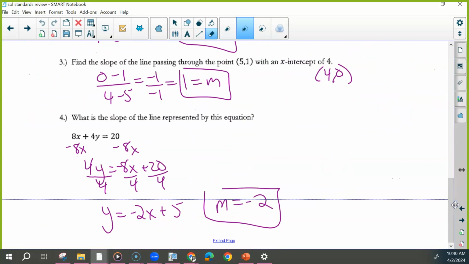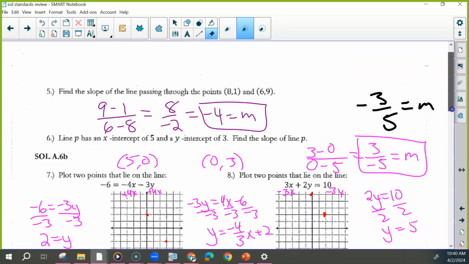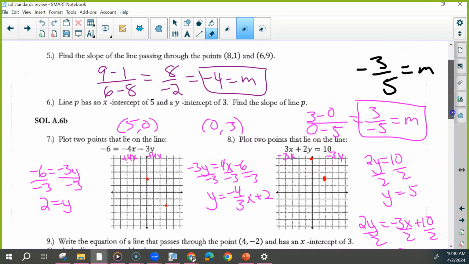And then number 4, the slope was negative. And then go on to that next page. Number 5, the slope was negative 4. 6, the slope was negative 3/5.